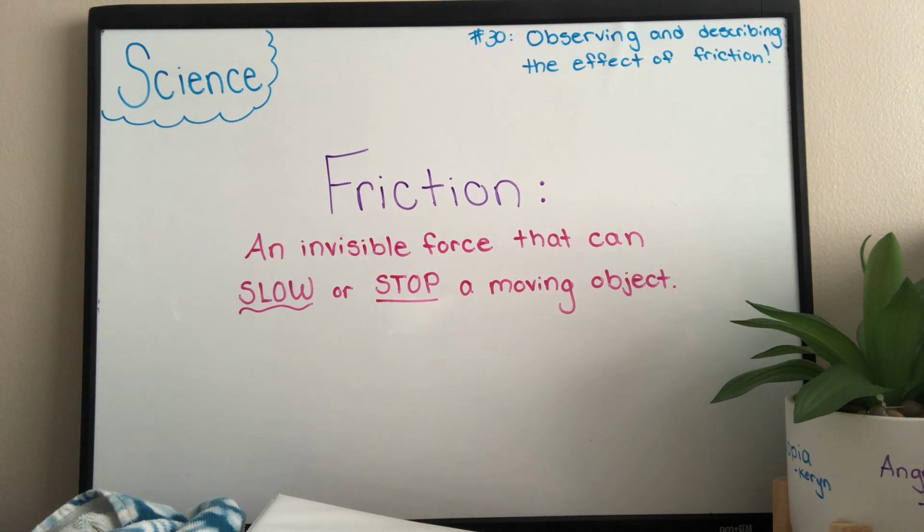Or is it easier to run in a pool? Have you ever tried to run in a pool before? Maybe even walk? Yeah, the water creates friction and it slows you down. It's so much easier to walk when you're just on the ground instead of in water.